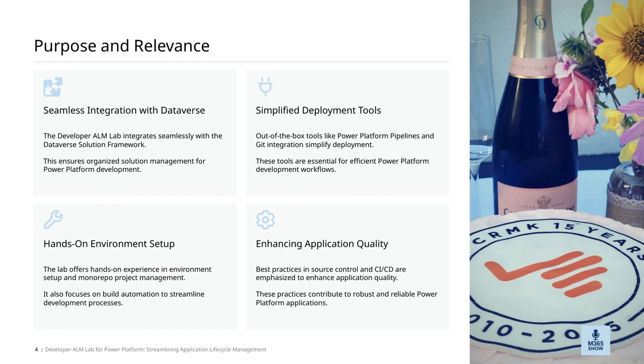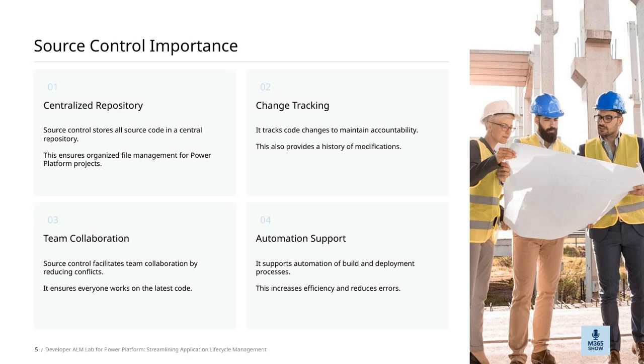This integration is key because it keeps your solutions organized and manageable. It ensures that your development process remains smooth and that all components are properly aligned within the Dataverse environment. Overall, this lab ties into our broader goal of making Power Platform development more efficient, reliable, and aligned with industry best practices.